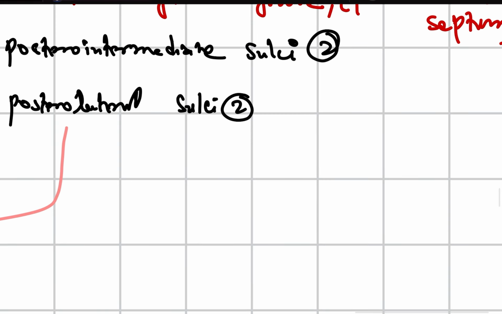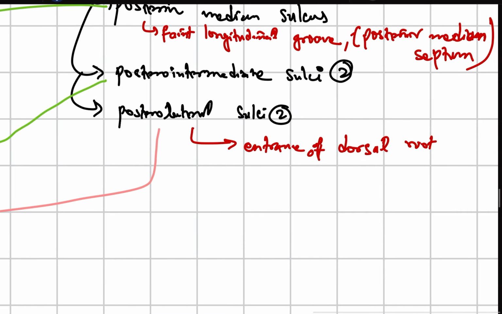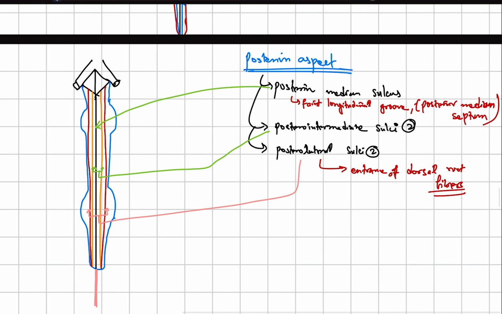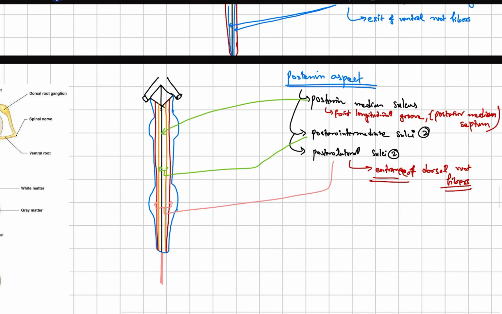And in the posterolateral sulcus there is the entrance of dorsal root fibers.